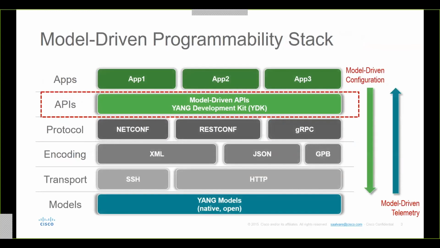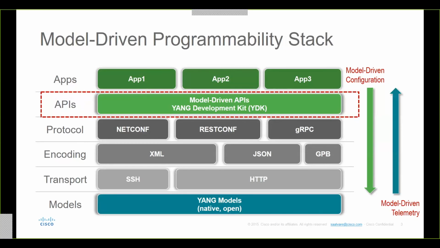Okay, so let me give you one quick. Since we have that requirement for making our networking devices easy to automate, and it has to be done through software, we want to make sure that the platform or the networking device provides a strong programmability functionality.